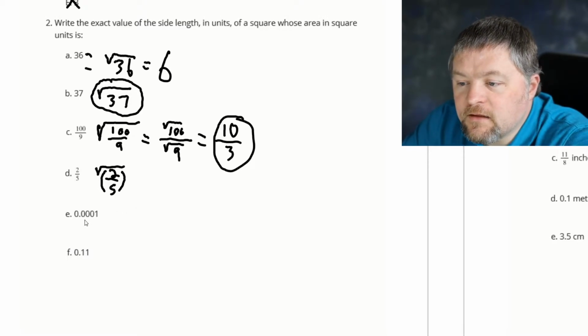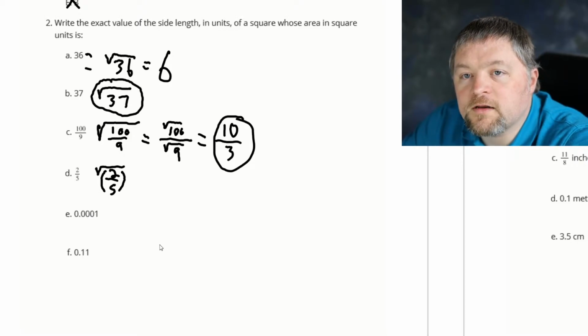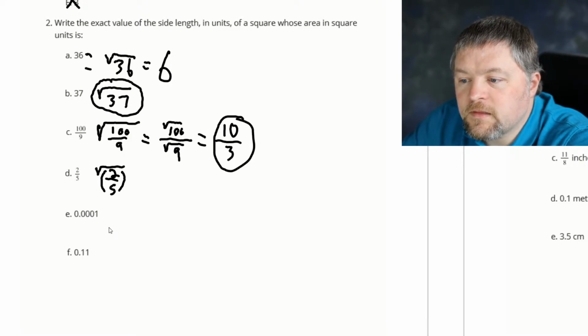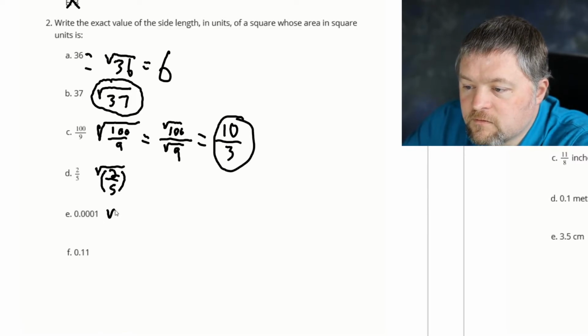Now E, 0.0001. Do we know what the square root of 0.0001 is?